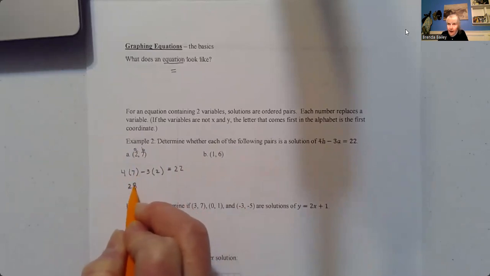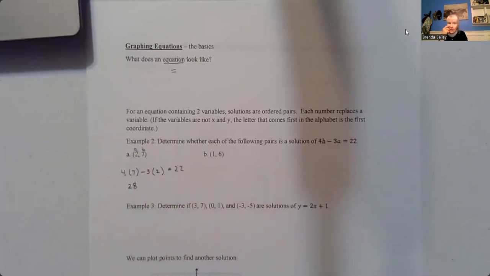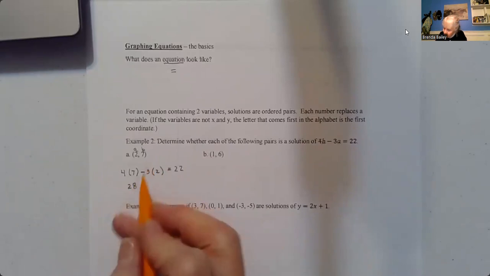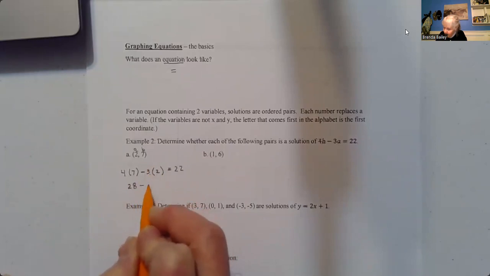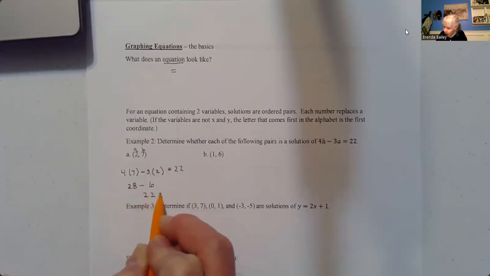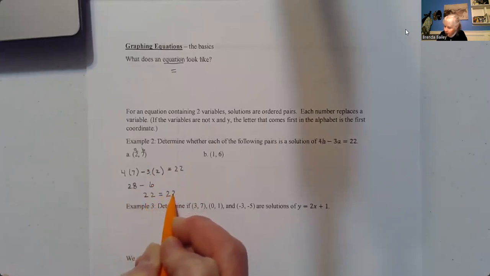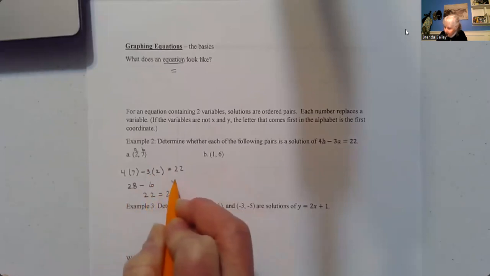If you have a calculator, that's fine, you can use a calculator. You could just plug this into your calculator, and sometimes it will do PEMDAS for you. So we've got 28. You multiply, then you subtract, and so it works. And so this would be a yes.